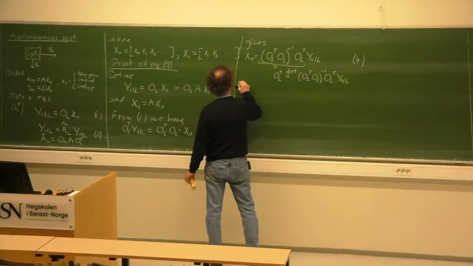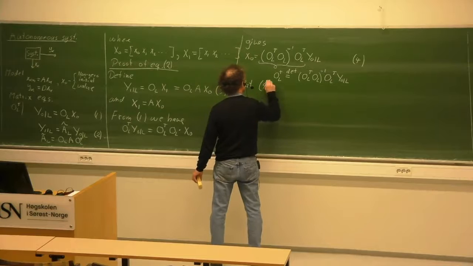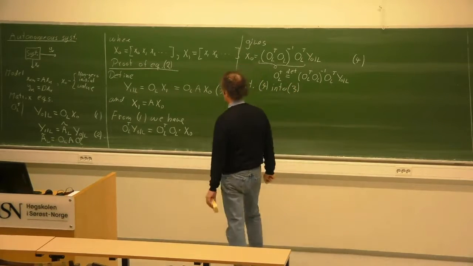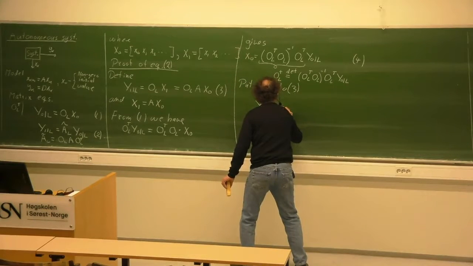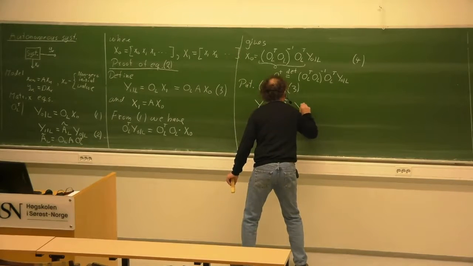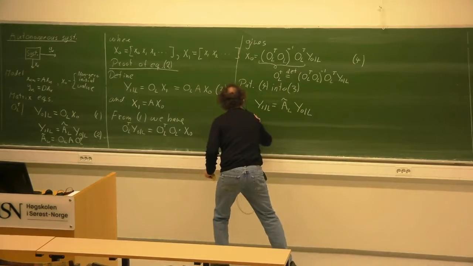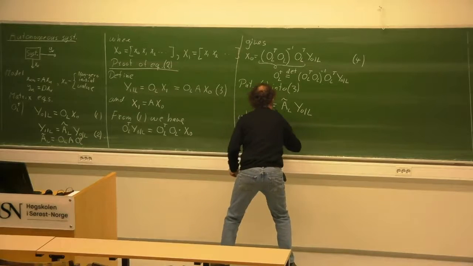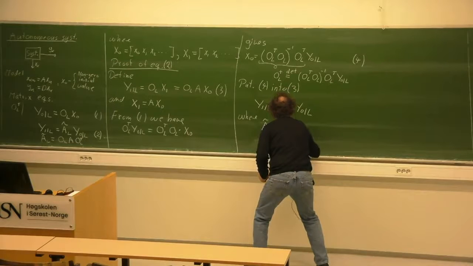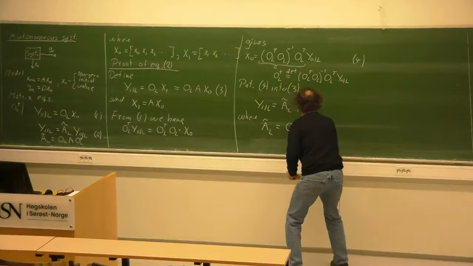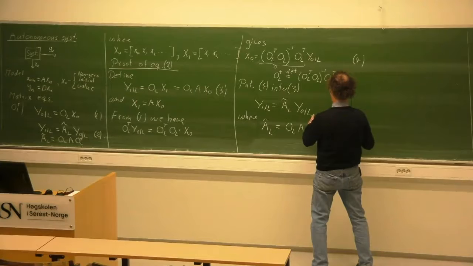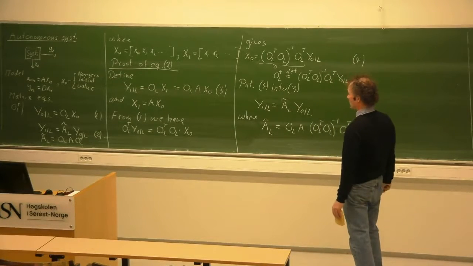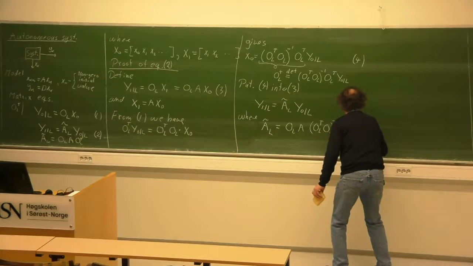Putting 4 into 3, we have that Y1 given L is equal to, using the definition A L tilde, times Y0 given L, where the A tilde L matrix is this rectangular observability matrix OL times A times the pseudo-inverse OL plus, or simply OL transpose OL inverse OL transpose, times Y0 given L.